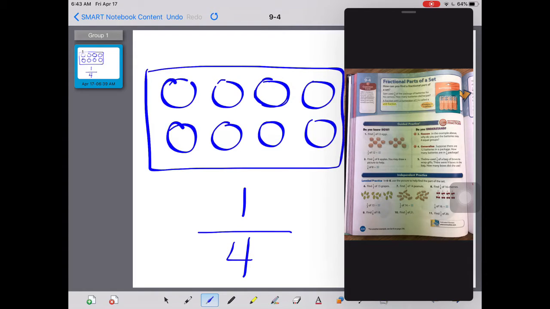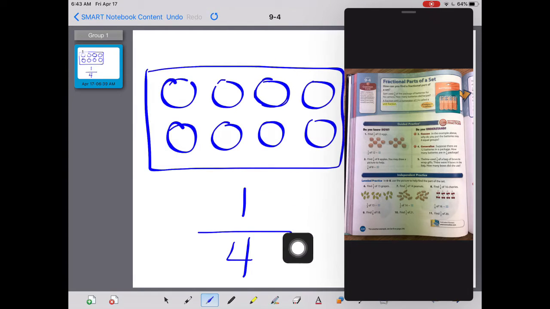Okay, this is weird because the denominator is a 4, and that does not match up to the 8 batteries. So now you have to think, something different is happening here. The denominator must be representing something a little different than the total amount of parts in the set.